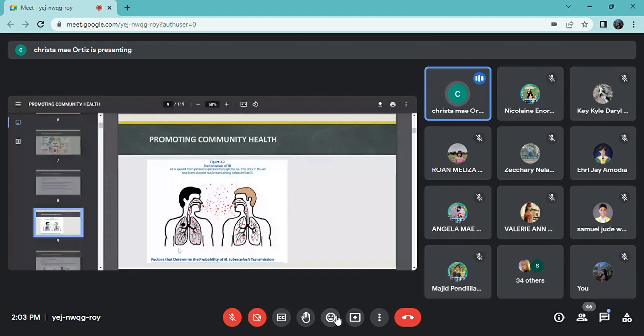So, from alveoli, di ba? Galing sa lungs niya. Dito yung sa bacteria. And then, kapag uubo siya, mag-leave siya ng mga droplets. Ito yung mga dots na ito. Ito yung mga droplets. The dots in the air represent droplet nuclei containing tubercle bacilli.